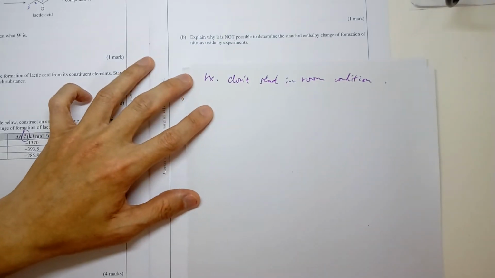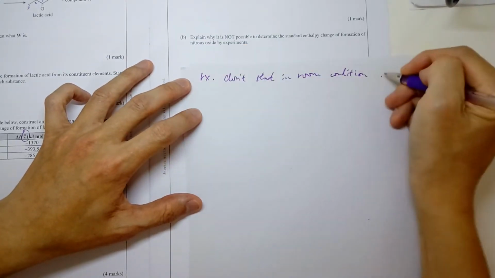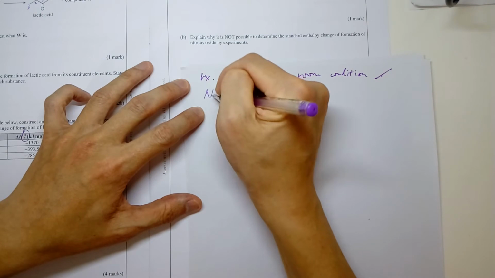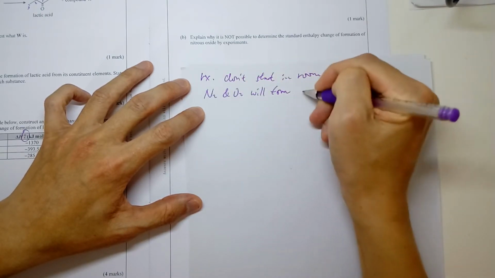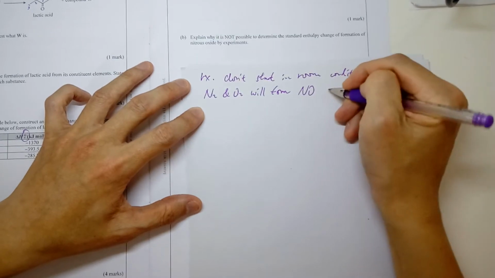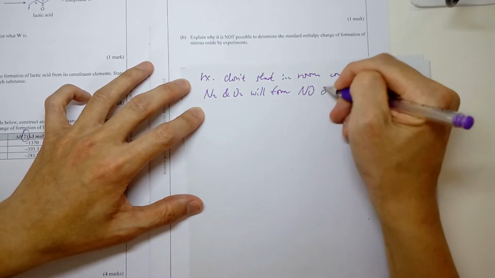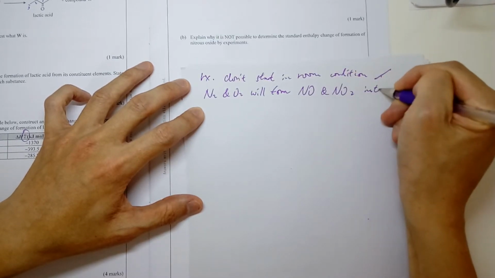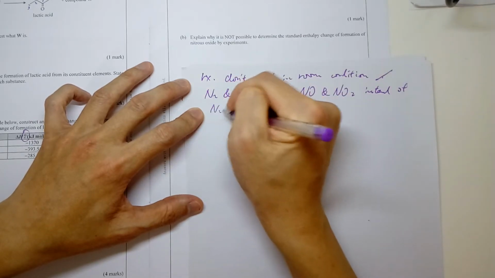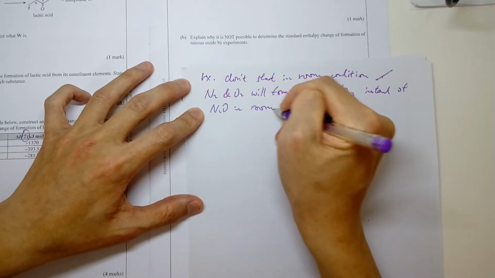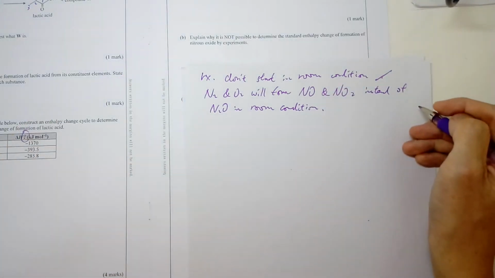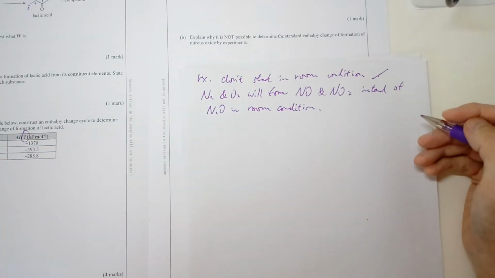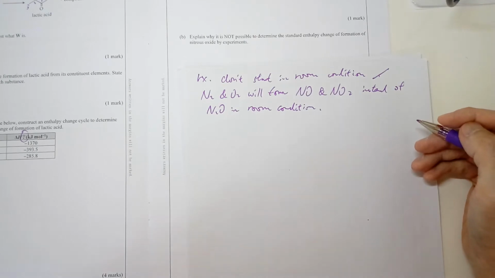Or you may say the N2 and O2 will form NO and NO2 instead of N2O in room condition. This will be better than just saying side product will be formed.